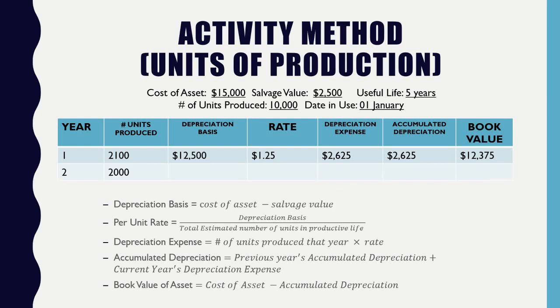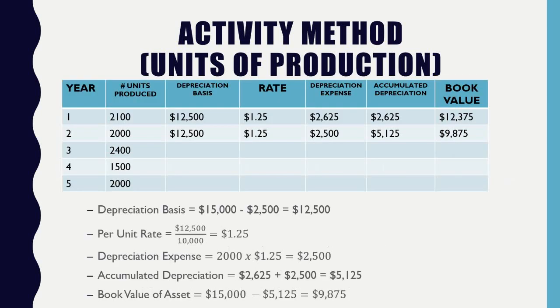That's my capacity. That's how many units I can produce out of this machine. So in this case, my rate is still going to stay the same. However, what is going to be my depreciation expense this time? It's going to lower to 2,500. 2,500. Okay, so there you go.